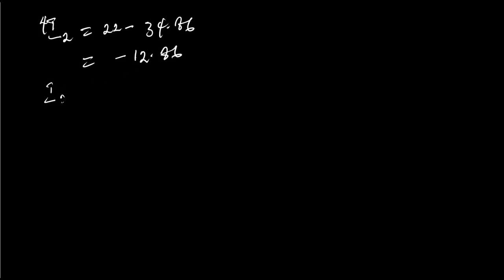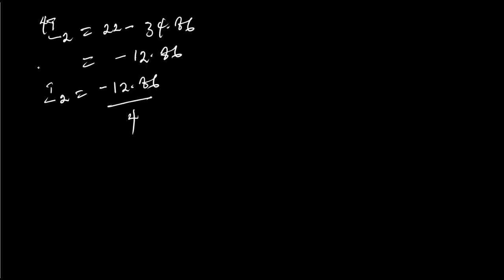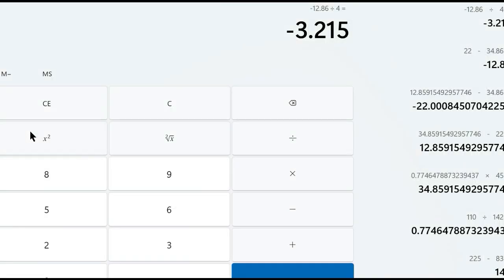So that I2 obviously will be equal to minus 12.86 over 4. I2 is the same thing as minus 3.215.